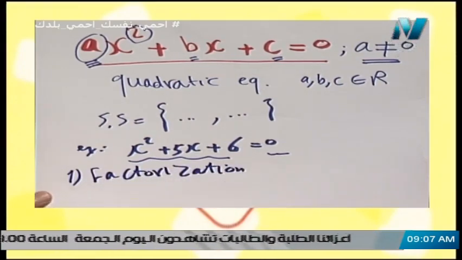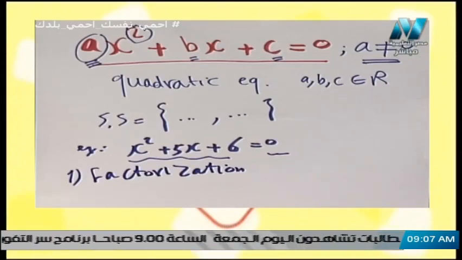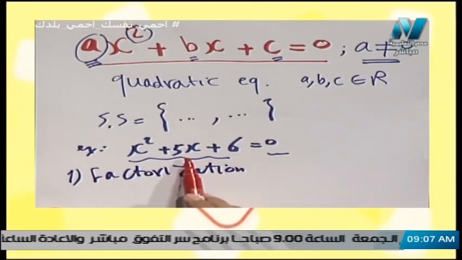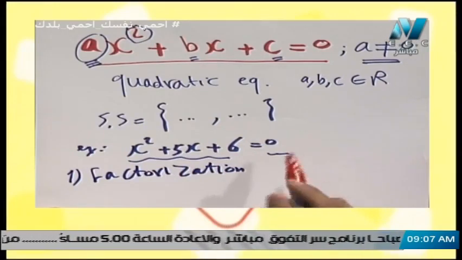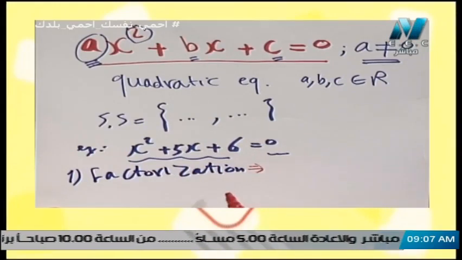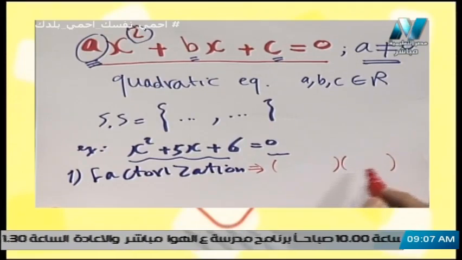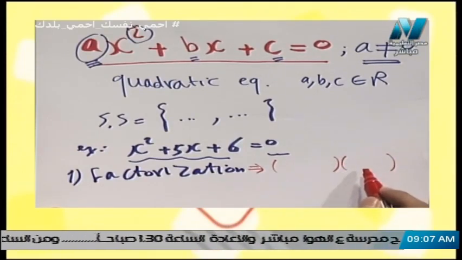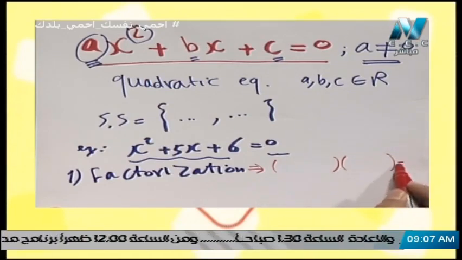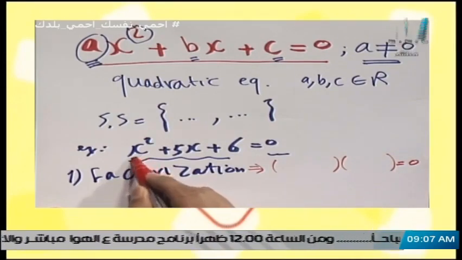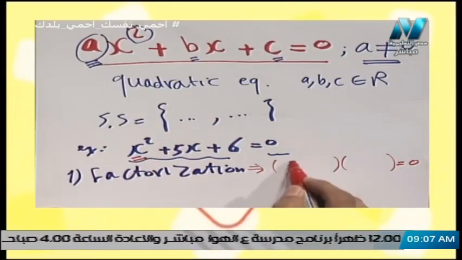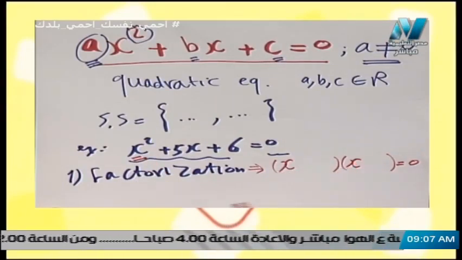What is factorization? If we have x power 2 plus 5x plus 6, we can factorize this expression into two brackets multiplied by each other and equal 0. X power 2 we factorize as x and x.